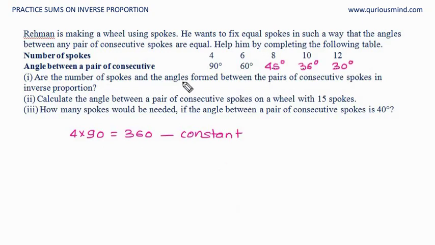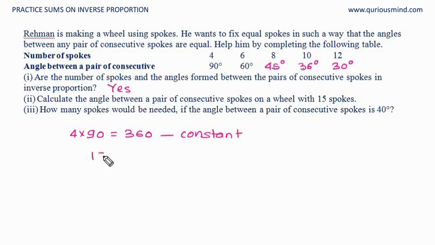Are the number of spokes and angles formed between the pairs of consecutive spokes in inverse proportion? Yes, we have seen that, because when the number of spokes increases, the angle reduces and the product is constant. Calculate the angle between a pair of consecutive spokes on a wheel with 15 spokes. We have seen that 360 is the constant.